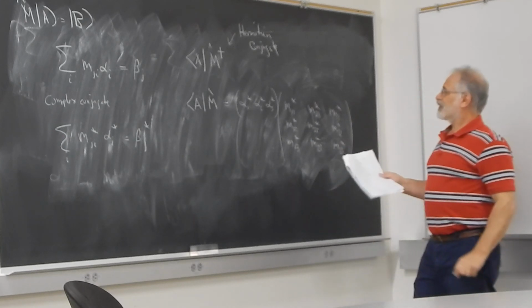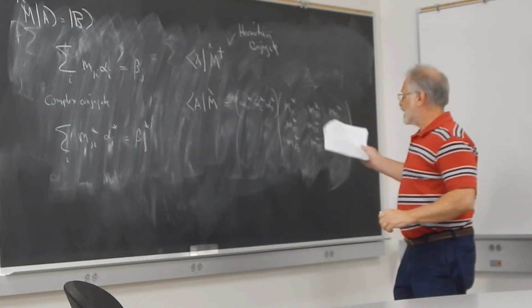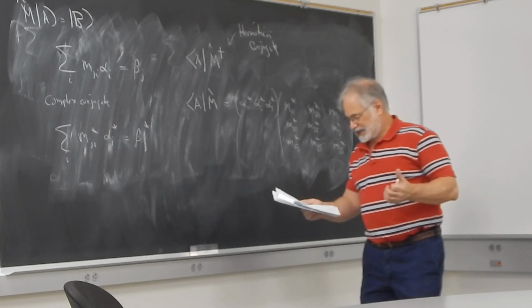So it's taking the complex conjugate of each element of the matrix and the transpose of the matrix.